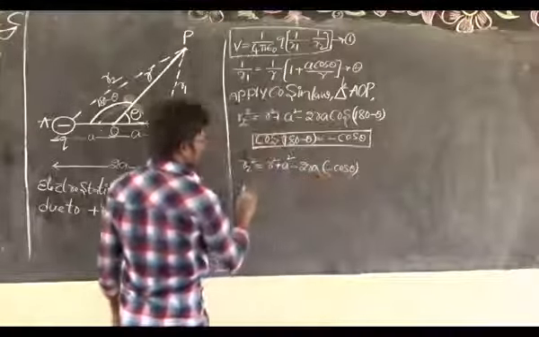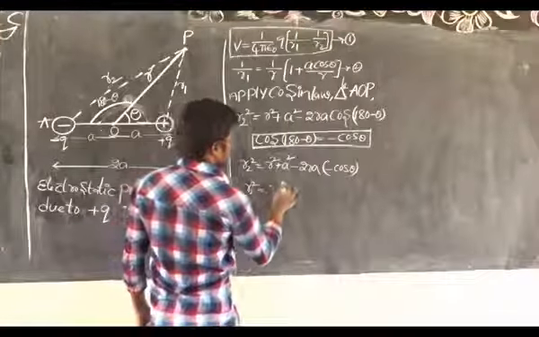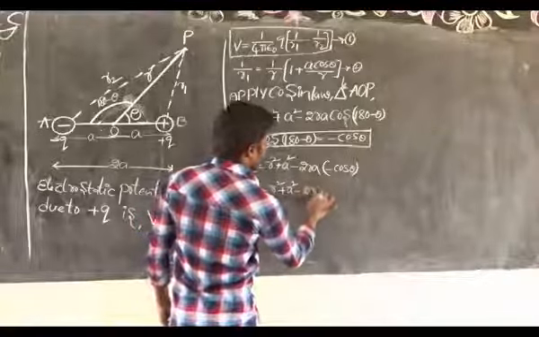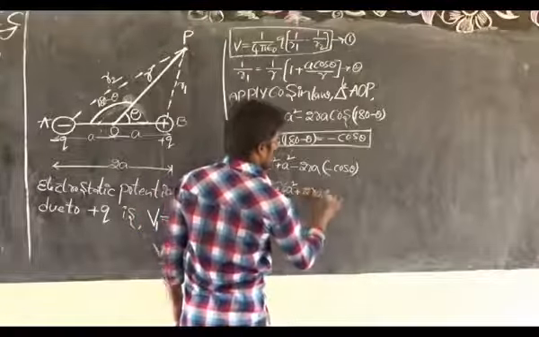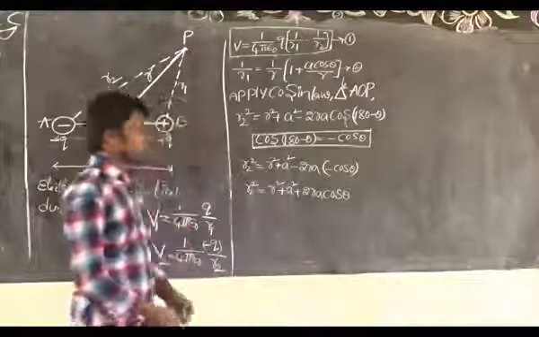Minus into minus is plus. R2 square is equal to R square plus A square plus 2RA cos theta.